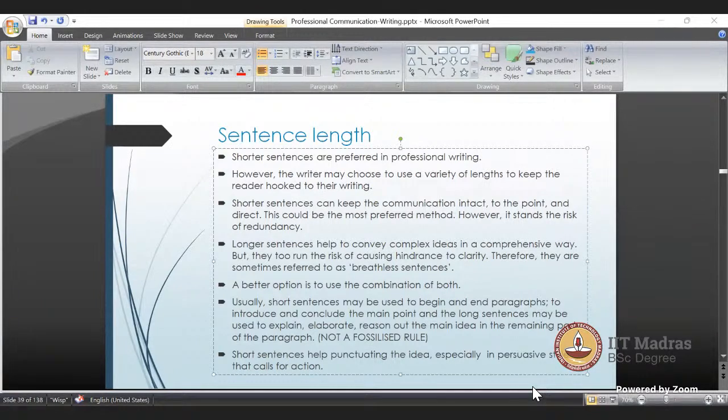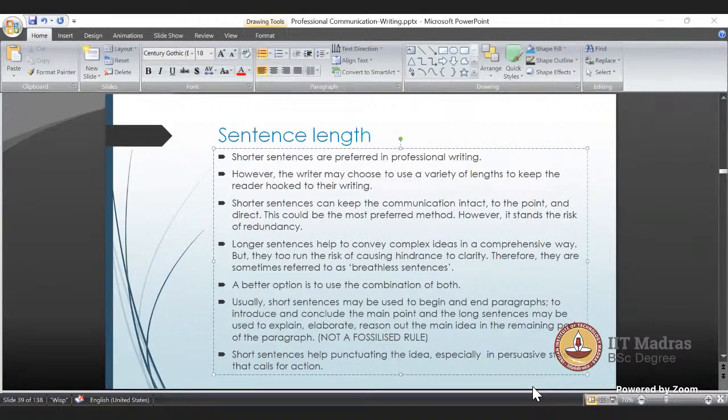Whereas your supporting sentences, which most often take up the center portion of the body of your paragraph, you can use longer sentences there. And when can you use longer sentences? When you want to explain, when you want to elaborate, when you want to reason out the main idea that you introduce using a short sentence.